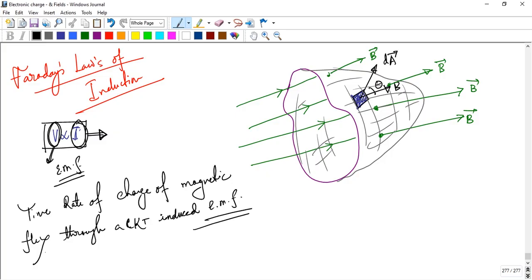The time rate of change of magnetic flux through a circuit produces an induced EMF. These are called induced EMF.